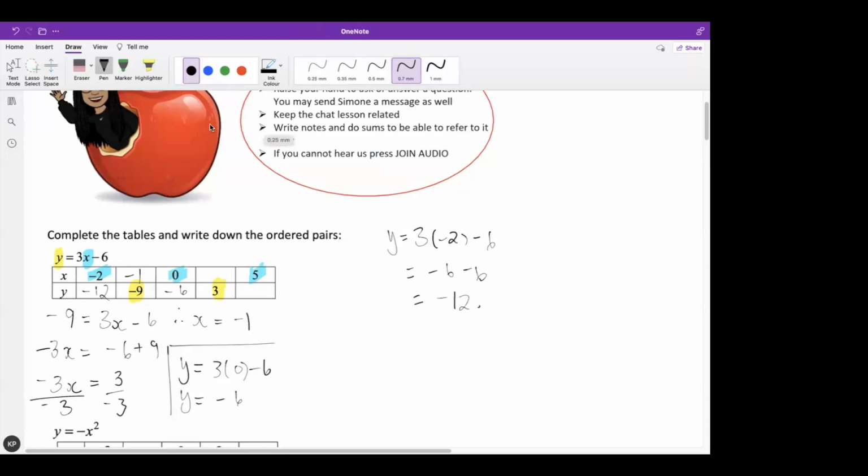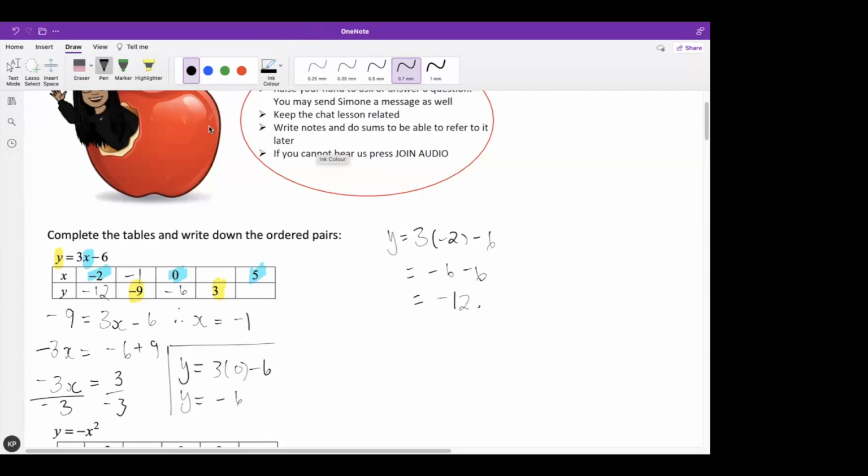Zara, which method have you learned? Let's see. Is that a hint? No, it's not. Zara says she or he has learned a different method. There we go. Okay.